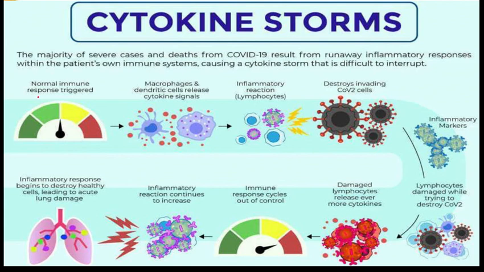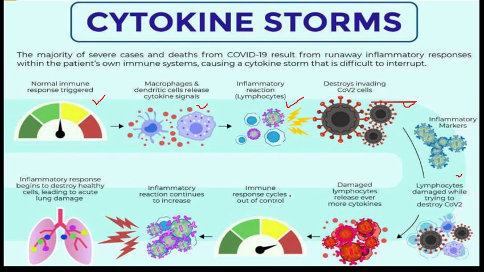First of all, a normal immune response is triggered. Next, macrophages and dendritic cells release cytokine signals. Next, inflammatory reactions of lymphocytes. Next, destroying invading COVID-19 cells. Next, lymphocytes are damaged while trying to destroy COVID-19. Then damaged lymphocytes release ever more cytokines.